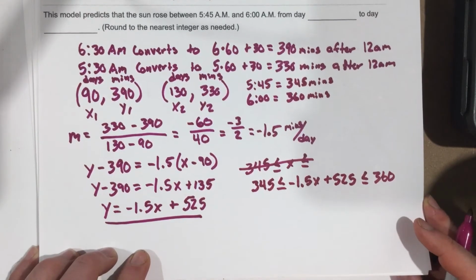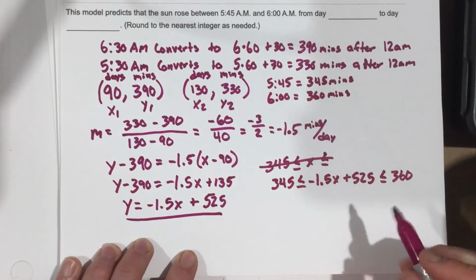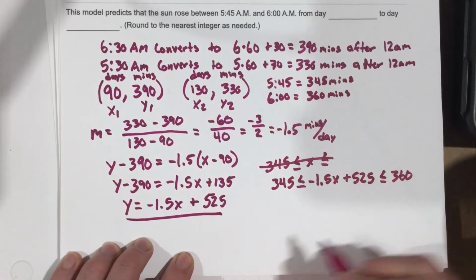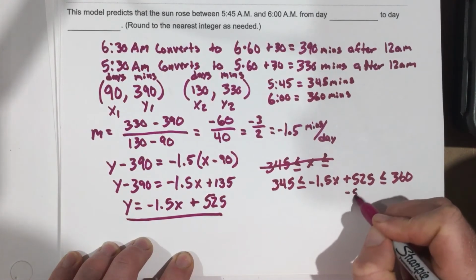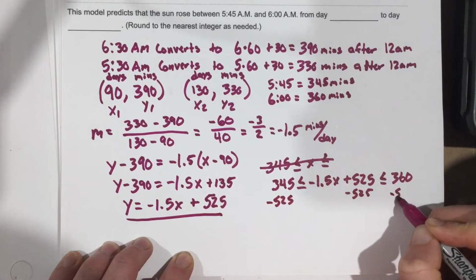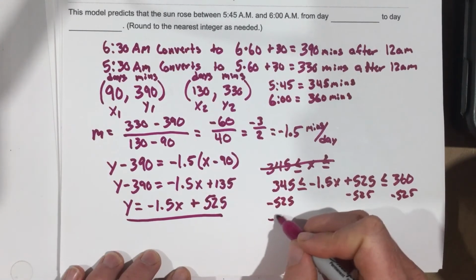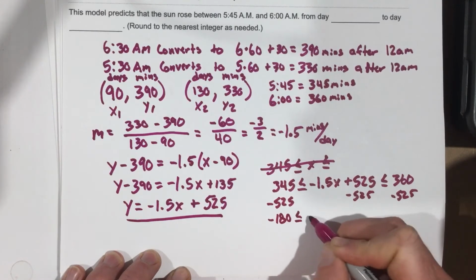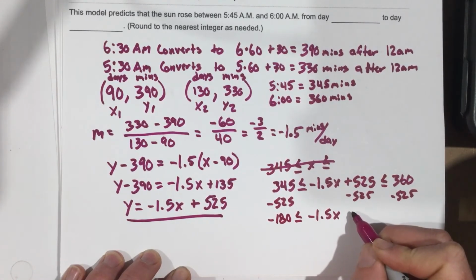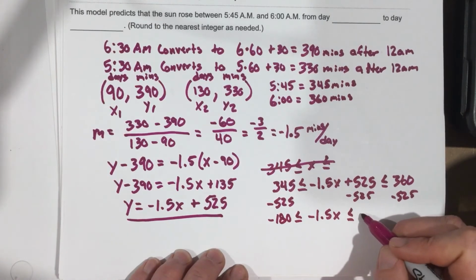Let's solve that. We subtract 525 from each part. 345 minus 525 is negative 180, less than or equal to negative 1.5x, less than or equal to 360 minus 525, which is negative 165.